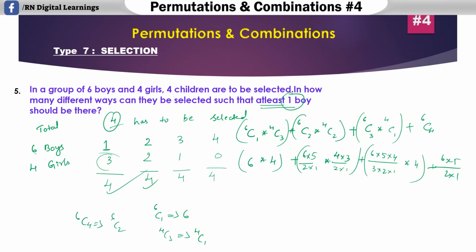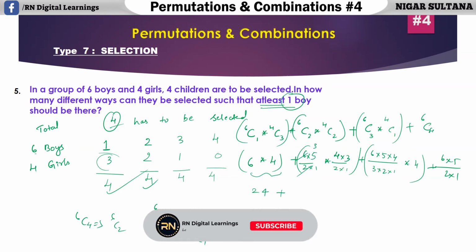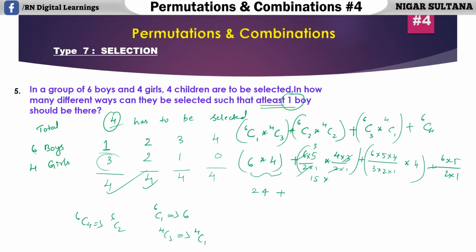Right? Now let's simplify. 6 into 4 is 24 plus 1, 3. So this is 3 5s are 15. 15 into 1, and 2 3s are 6. This is 6. So what is 15 into 6? It is 90. Now this will get cancelled. 3 2s are 6. This 6 gets cancelled.